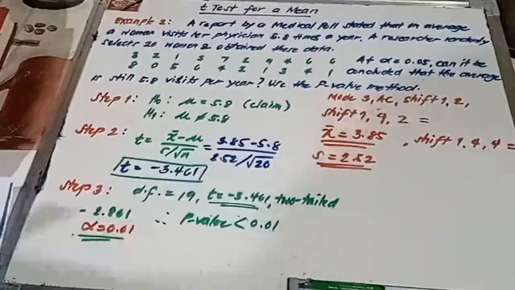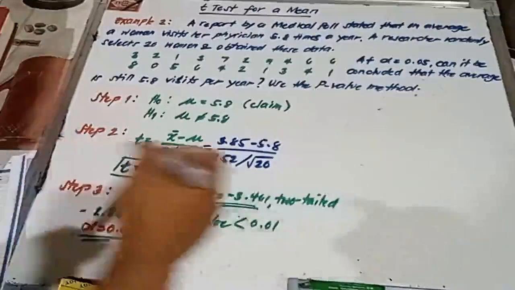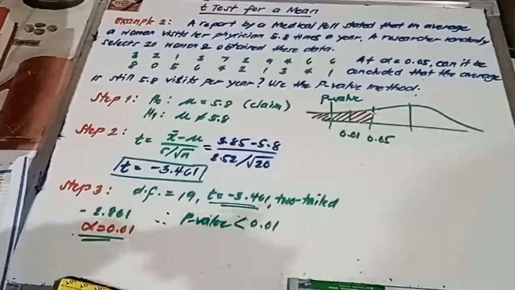So, ibig sabihin, nasa rejection region siya. Parang ganito siya. Ito ay 0.01. Ito ay 0.05. Na andito pa yung ating probability value. At itetest lang naman natin siya is at 0.05. So, ibig sabihin, nasa rejection region yung ating p-value.